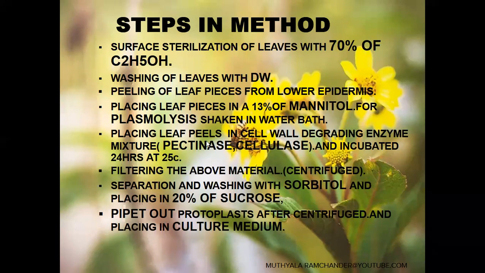Then the peels or pieces are mixed with macerozyme enzymes for 24 hours at 25 degrees Celsius, filtered by centrifugation, washed with sorbitol solution and kept in 20% sucrose solution for long storage. Finally, the protoplasts are pipetted out of the sucrose solution and transferred to the nutrient medium for culturing. It is the procedure in the enzymatic method.